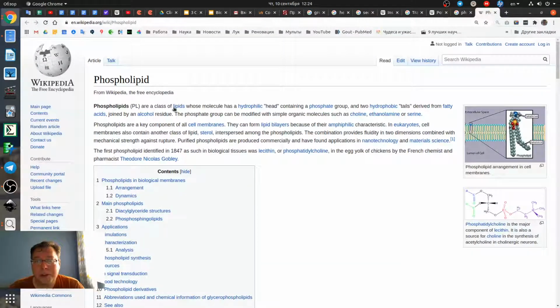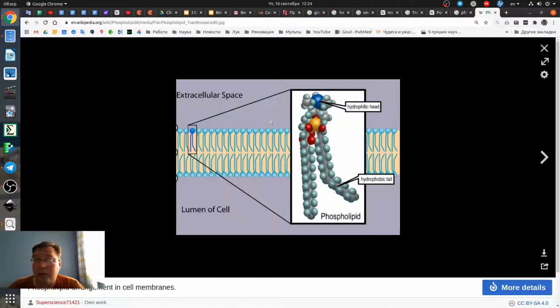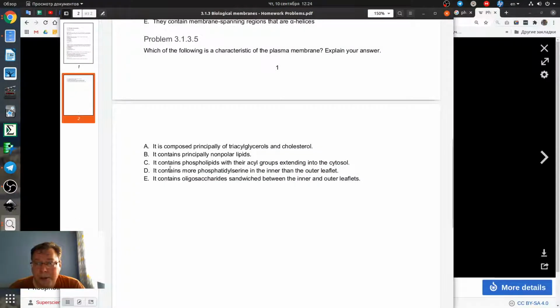They have a hydrophilic head containing a phosphate group and two hydrophobic tails. So they work as components of membrane. So B is wrong.